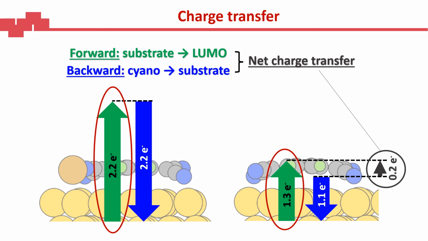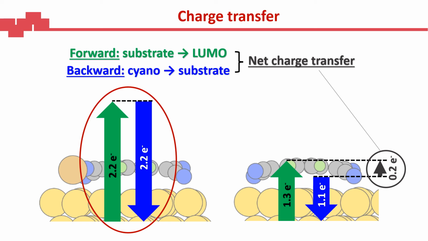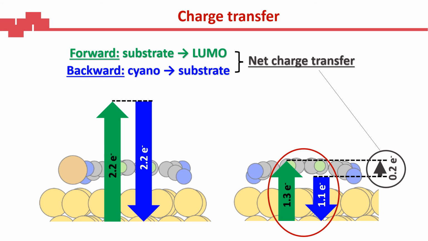Of course, the forward donation is much bigger with adatoms because there we see a fully filled lowest unoccupied molecular orbital, whereas without adatoms, it is only half filled. But the back donation from the cyano groups of the molecule towards the substrate completely compensates the forward donation when there are adatoms in the ad layer.